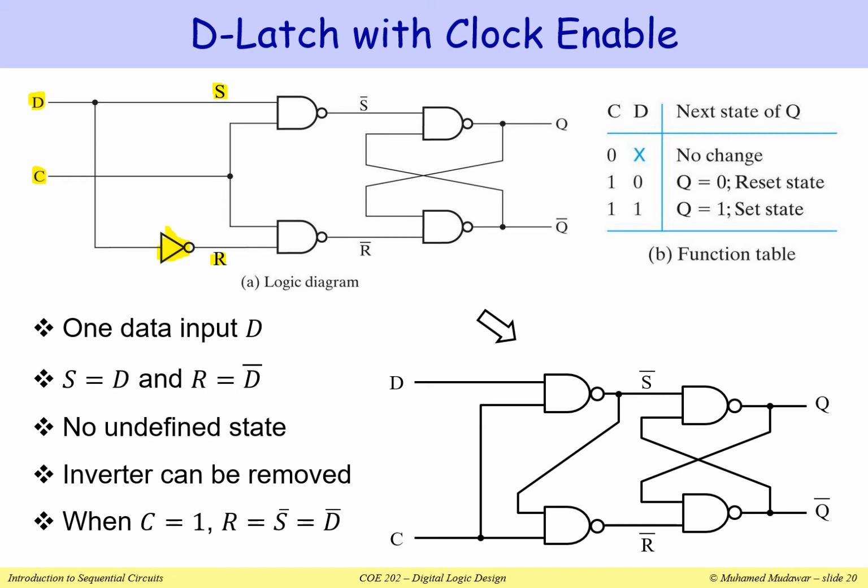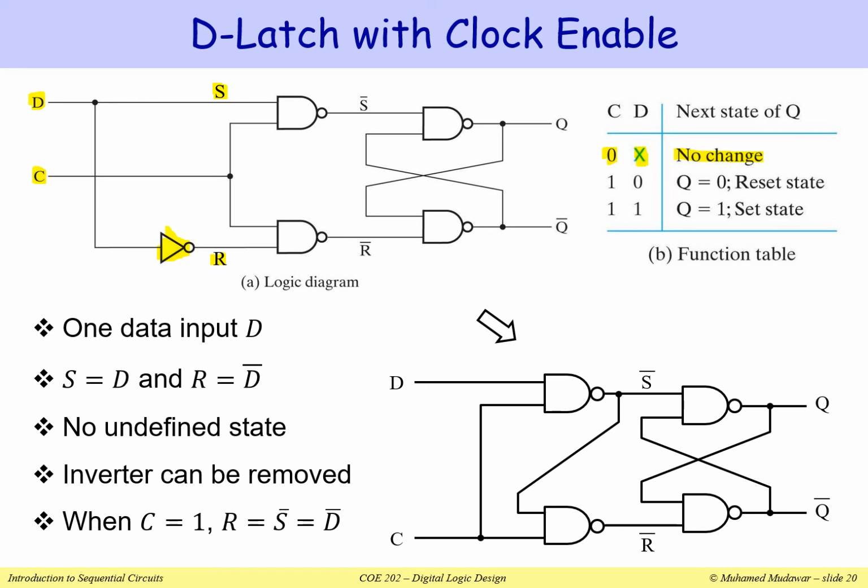If D equal to 0, then S is equal to 0 and R equal to 1, it will be my reset operation. The clock here is gated. It means that if the clock is equal to 0, the latch will be disabled, and therefore C equal to 0, I don't really care about the D input, and there is no change in the output Q.